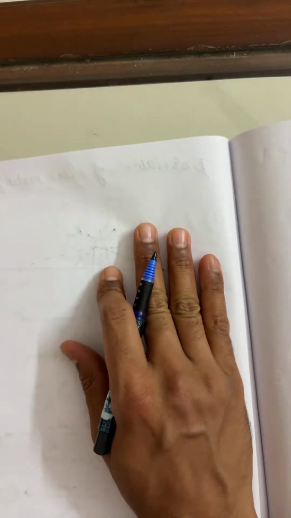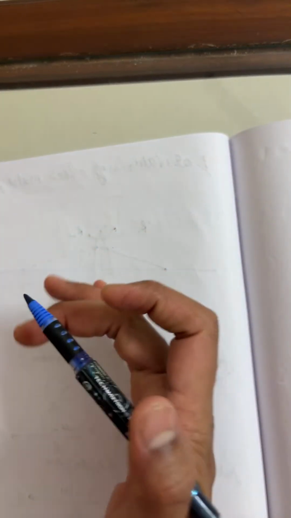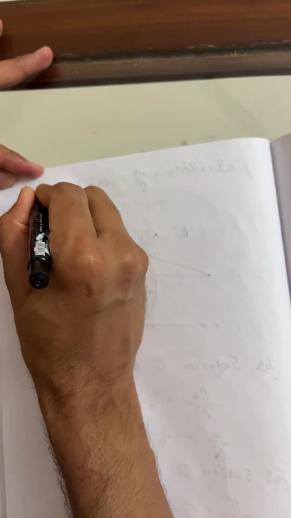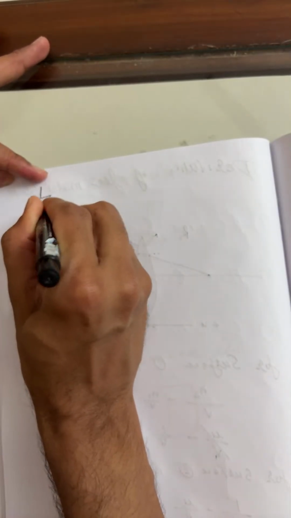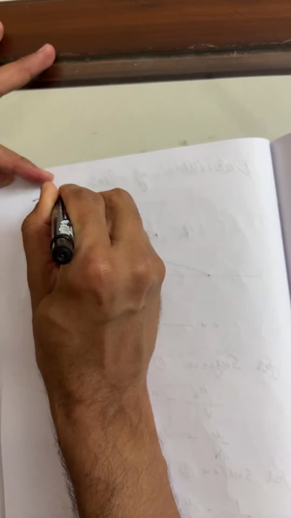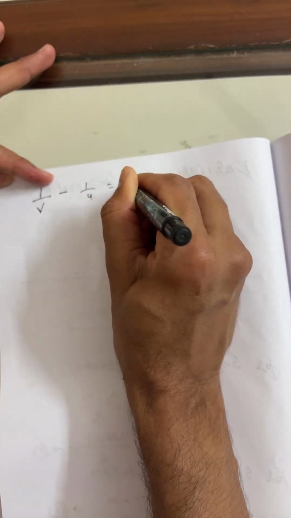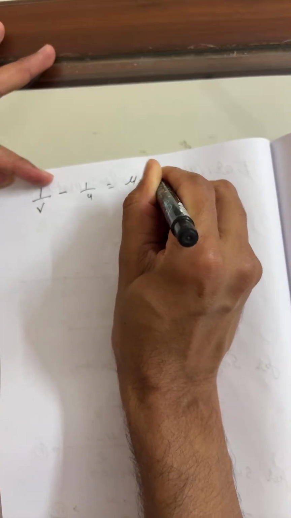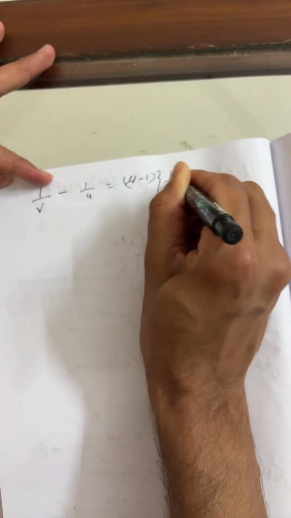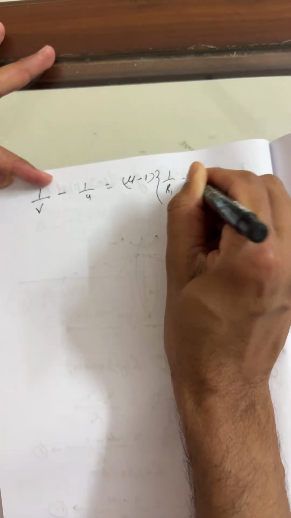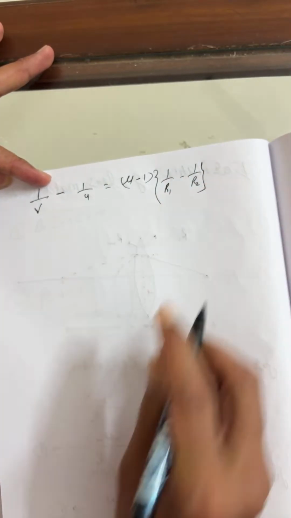Now, students, we can simply use this same formula and convert the lens maker formula into the lens formula. How? Have a look. What we derived finally is the lens maker formula: 1 by V minus 1 by U equals mu minus 1 into 1 upon R1 minus 1 upon R2.